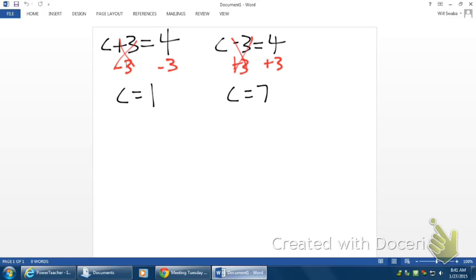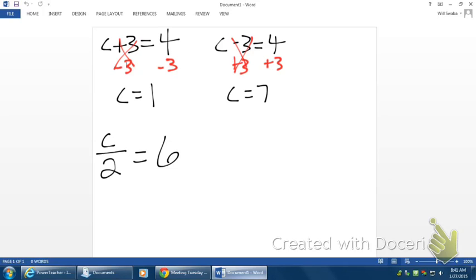Let's say if I had this, how would I get rid of the 2? Yeah. Multiply both sides by 2. If c is being divided by 2, just do the opposite. What's the opposite of division?